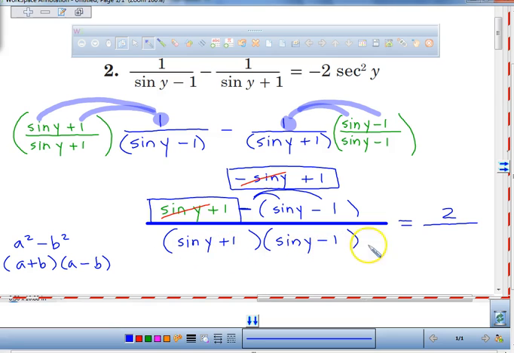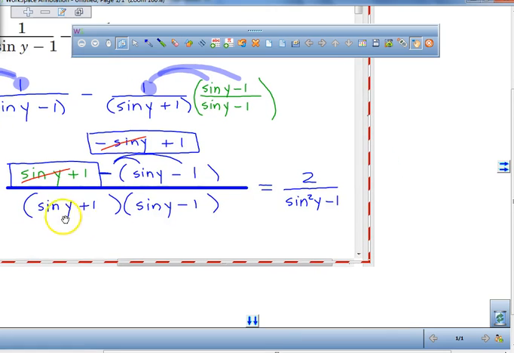So when you multiply these together, it actually becomes sine squared y minus 1. That's what it becomes. If we were to do the FOIL method, it would work out to this right here becomes this right here. So this squared minus this squared. Now, everybody?